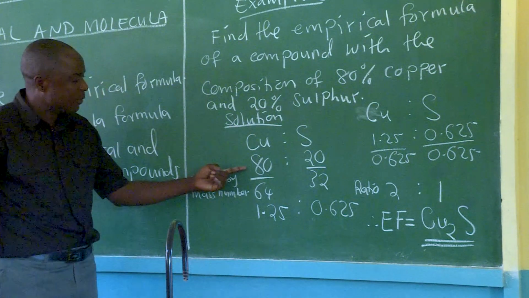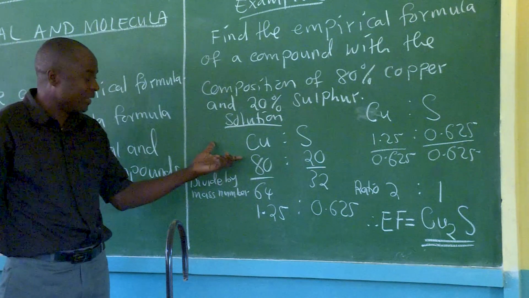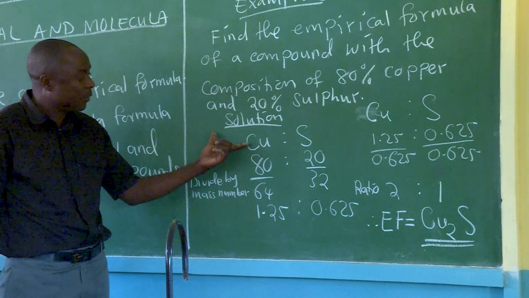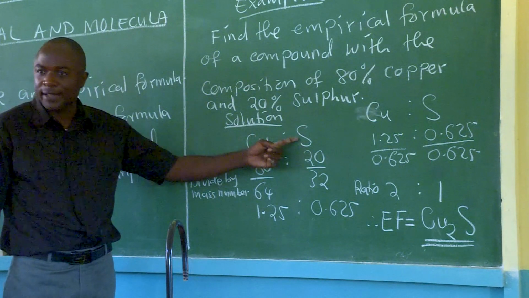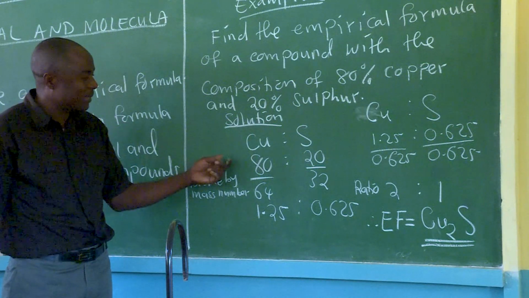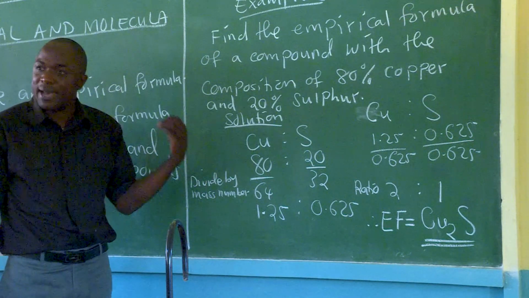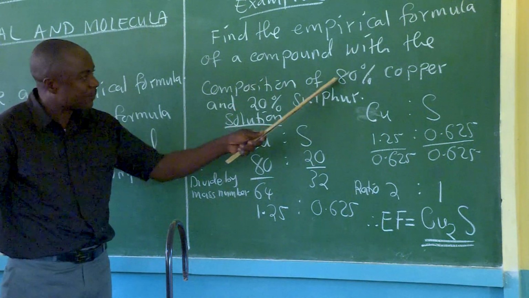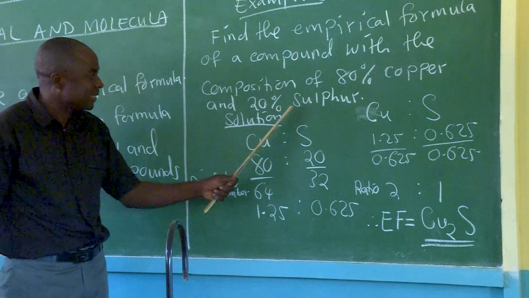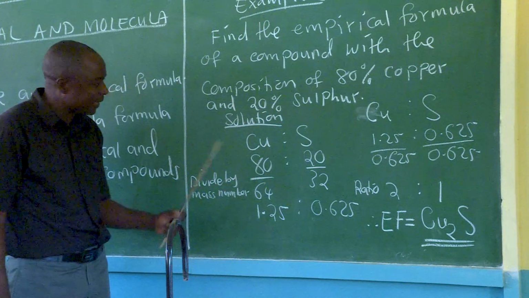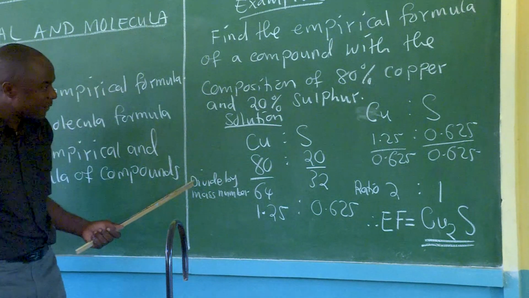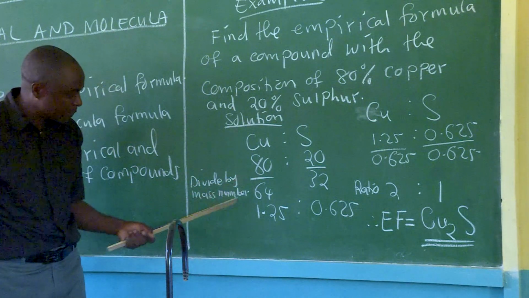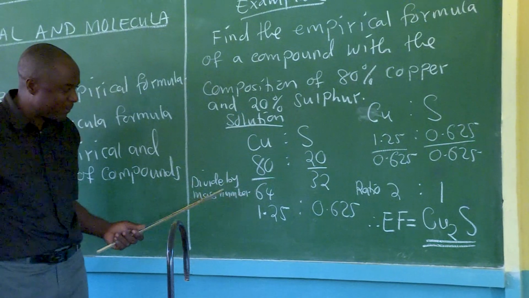First we identified the elements in this compound, which are copper and sulfur. Then we identified the percentage abundances by mass. We have 80% copper, 20% sulfur, so we have written 80 and 20. From there, we divided these values by their mass numbers.